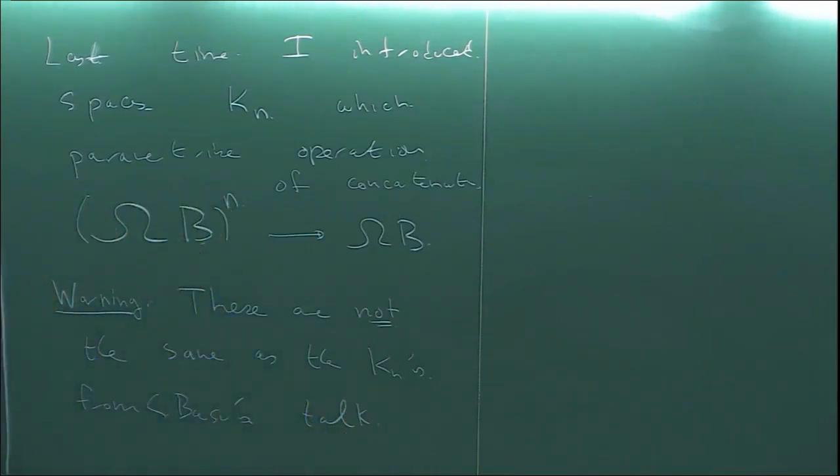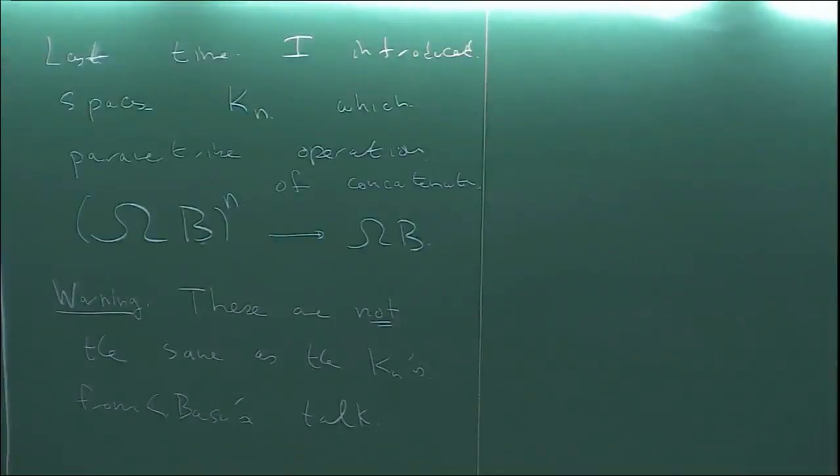Now they are related. So I'm going to stick to my notation. I think it's a little bit too late to change it, but because they are related and because you now have two different things which could be called an A infinity operad, I'll say something about operad in a second. I should be more careful about what I say by A infinity space, okay?